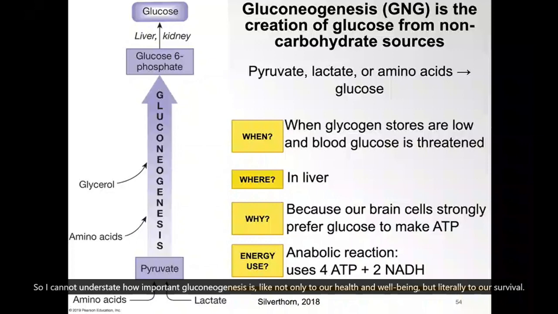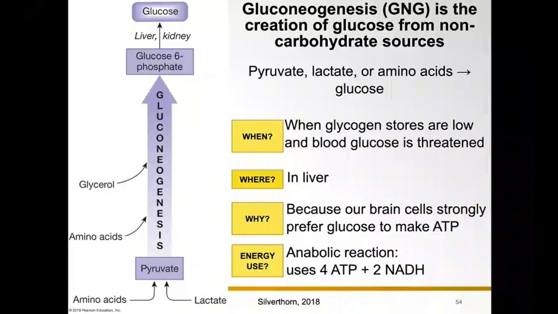So I cannot overstate how important gluconeogenesis is, not only to our health and our well-being, but literally to our survival. And that's an anabolic reaction. So it uses quite a bit of ATP and NADH in order to make that glucose, but it's a trade-off that makes sense given that it's going to allow us to survive. I'll take that trade-off any day of the year.